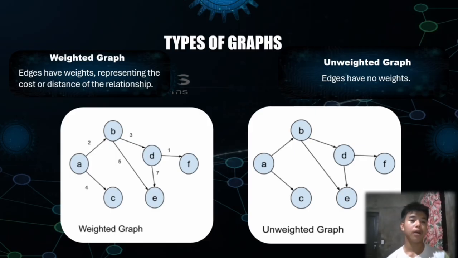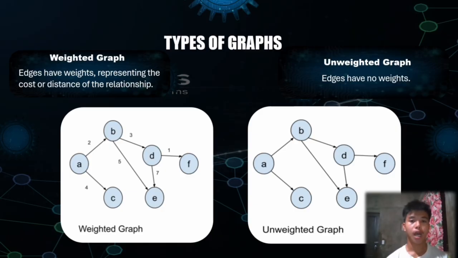Weighted graph real life example: Google Maps or GPS navigation. Places are nodes, roads are the edges. Numbers on the edges represent distance, time, or cost. Why it matters: weighted graphs are used to find the shortest, fastest, or cheapest route.